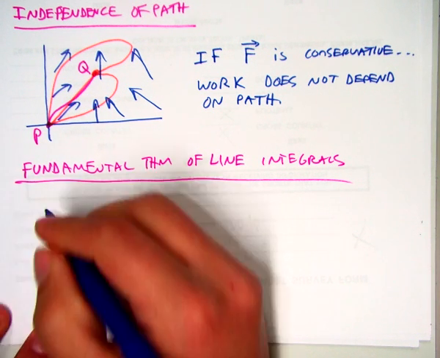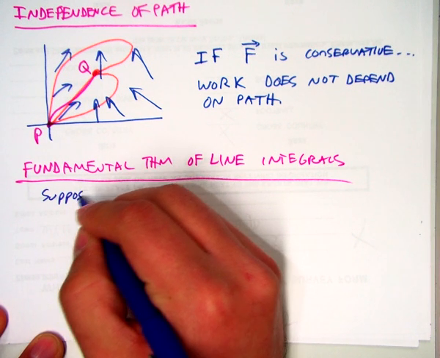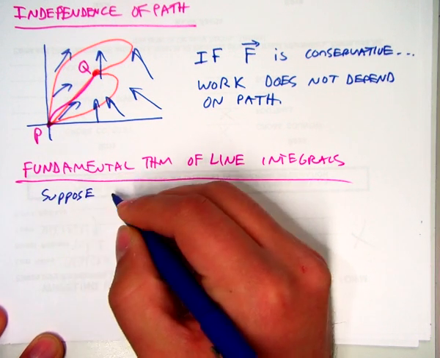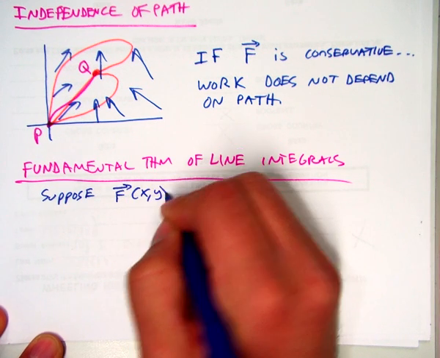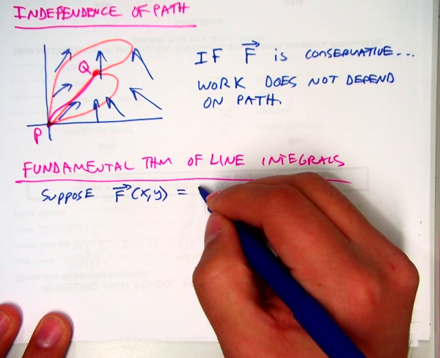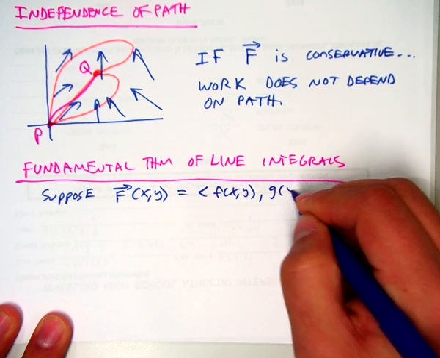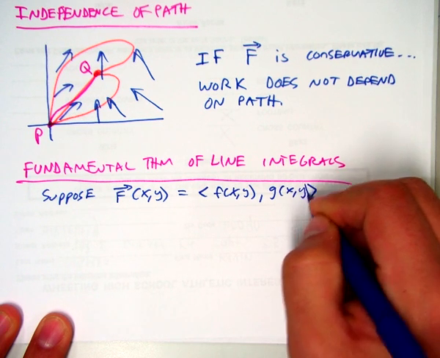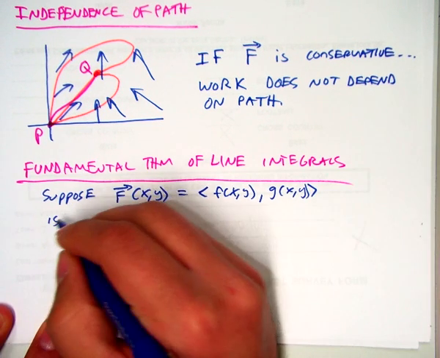So the conditions are, first we're going to suppose that the vector field F of x, y is the usual little f, little g, and suppose that this vector field is conservative.